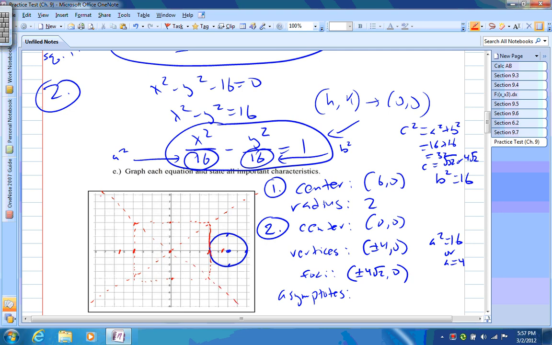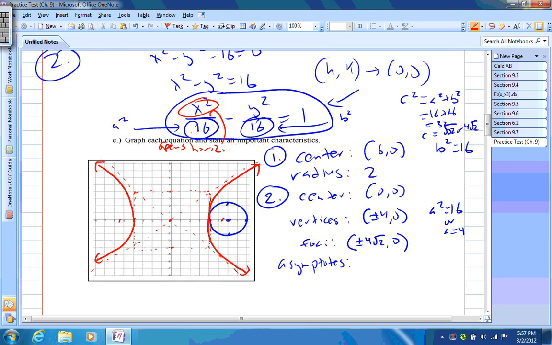And then I could draw my hyperbola. And it has to open horizontally since the positive fraction contained x. Opens horizontally since that's positive. And then lastly, for my asymptotes, pretty easy.